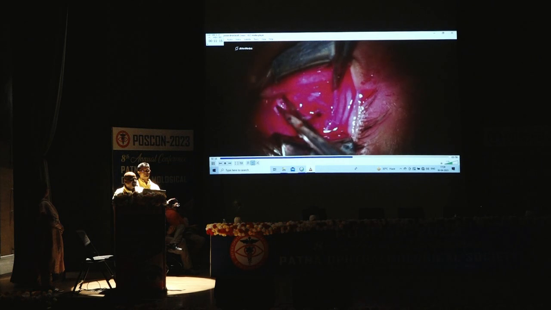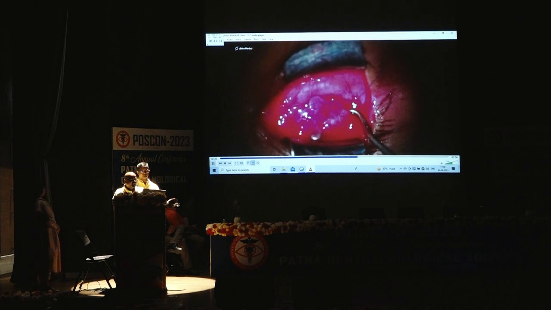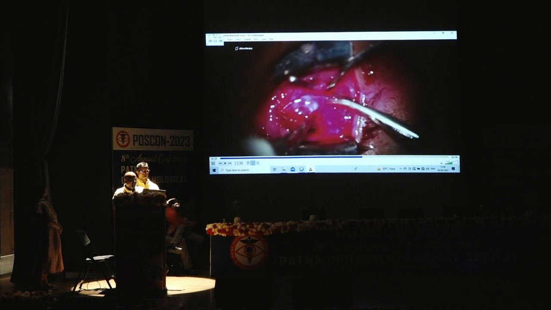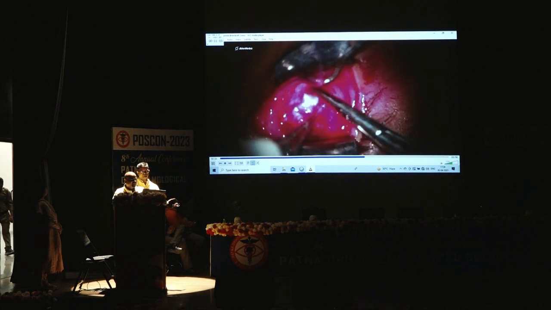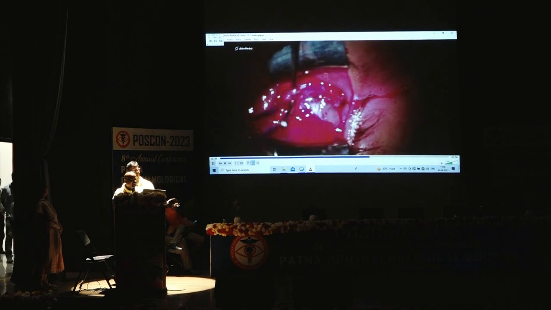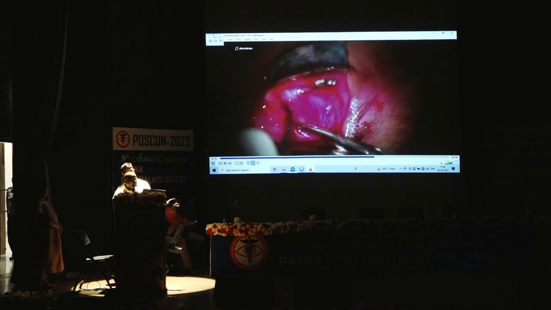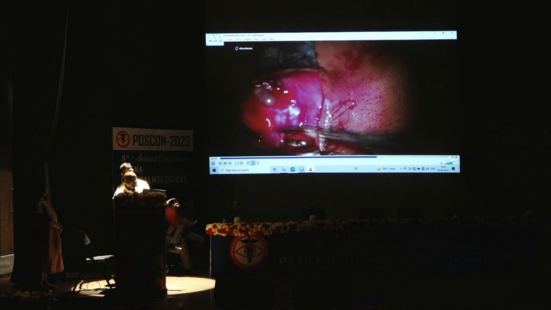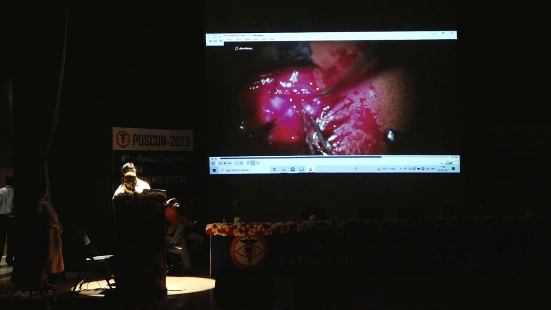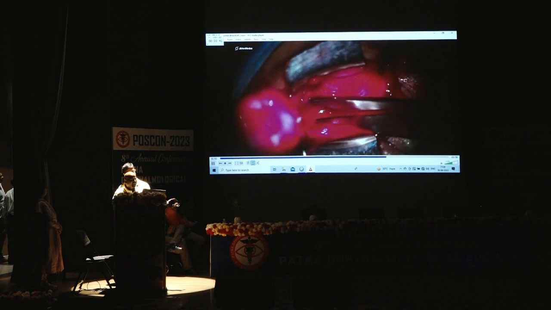After complete separation, we look out for all the recti muscles. The 4 recti muscles were separated, secured and cut, just as the inferior rectus muscle, then the lateral rectus muscle, then the superior rectus muscle, then finally the medial rectus muscle. It is secured, then enucleation was done.